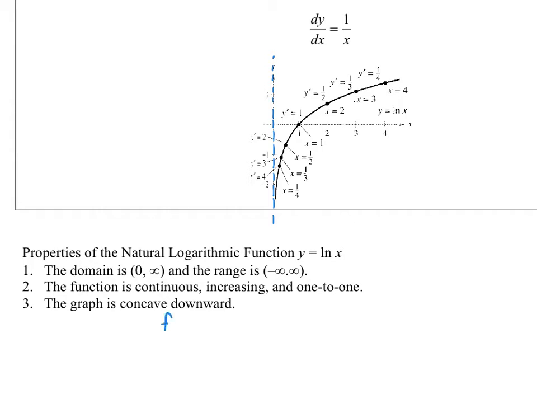The second derivative is always negative, because it's always concave downward. So those are a couple of things, building on previous knowledge of what we knew about the natural log.